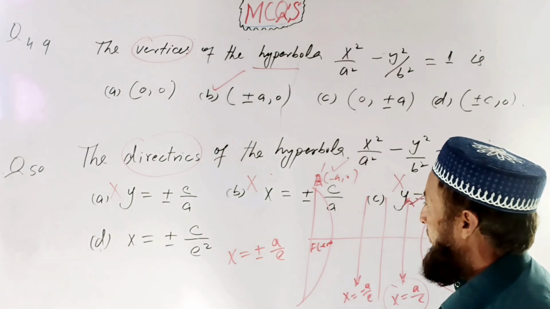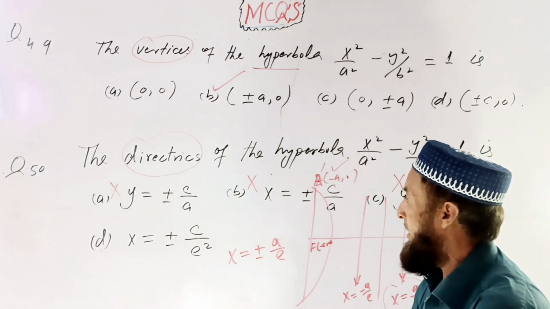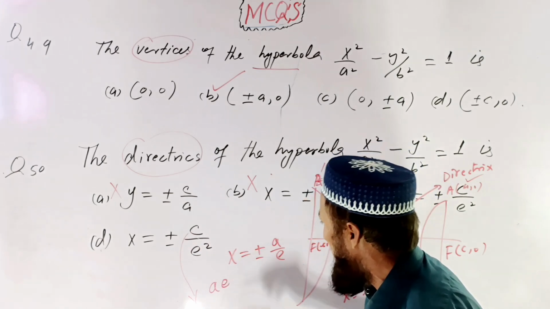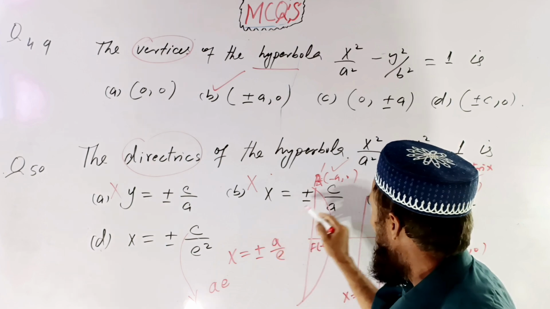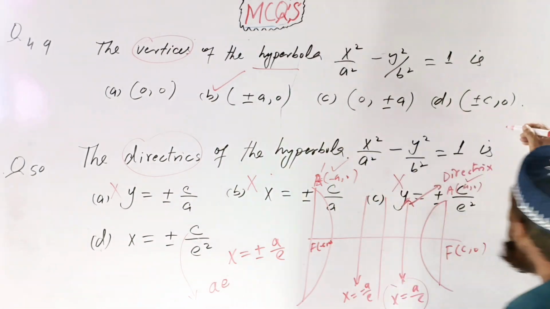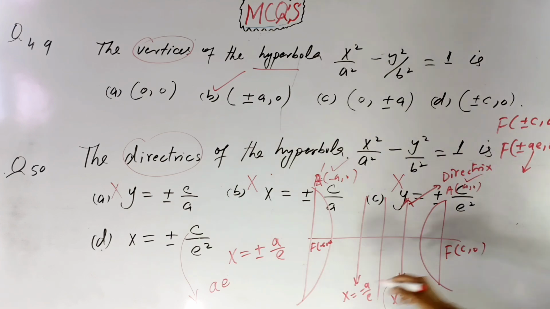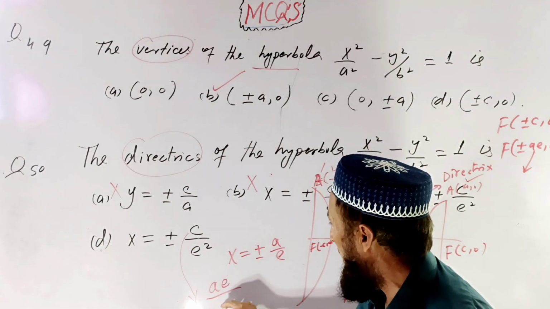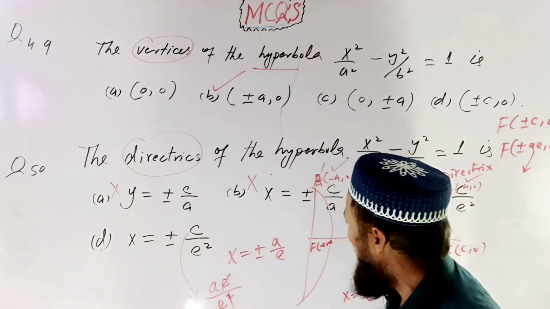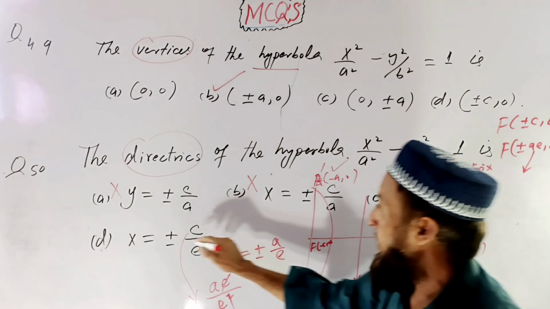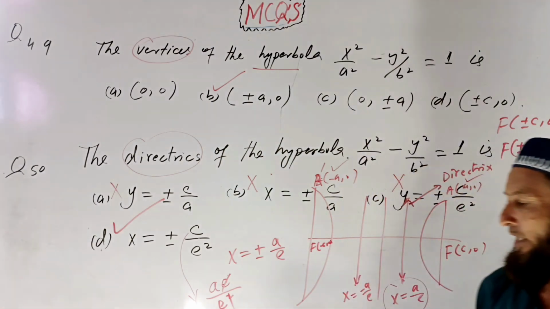Here we know the value of c is A times E, since the foci are plus minus c, 0, that is plus minus AE, 0. So in place of c we get E square, and E and A cancel, and we get the directrix line x is equal to A divided by E. So option B is the correct option.